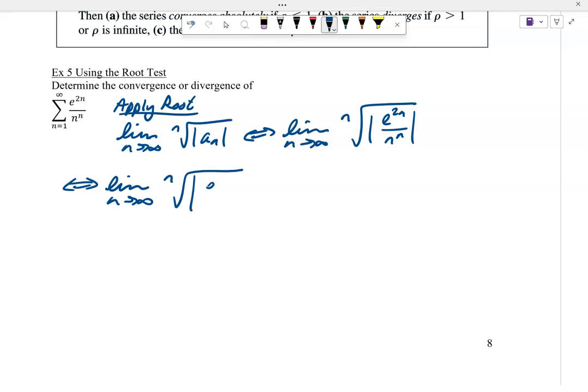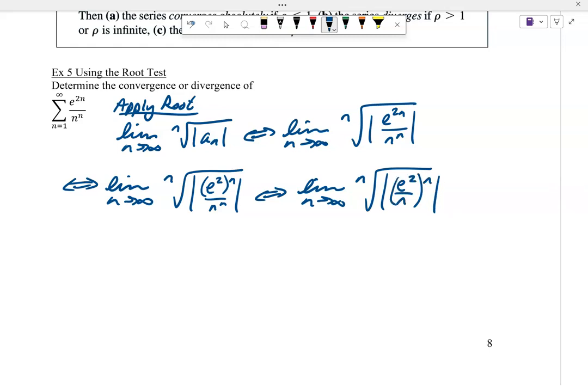And so that's e squared to the n over n to the n. So we've got the nth root of something to the nth power, right? So they'll undo each other, and you just got e squared over n.